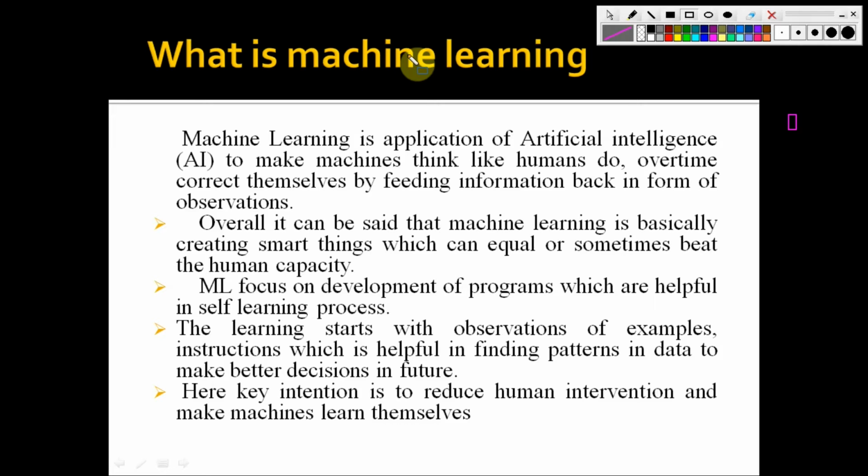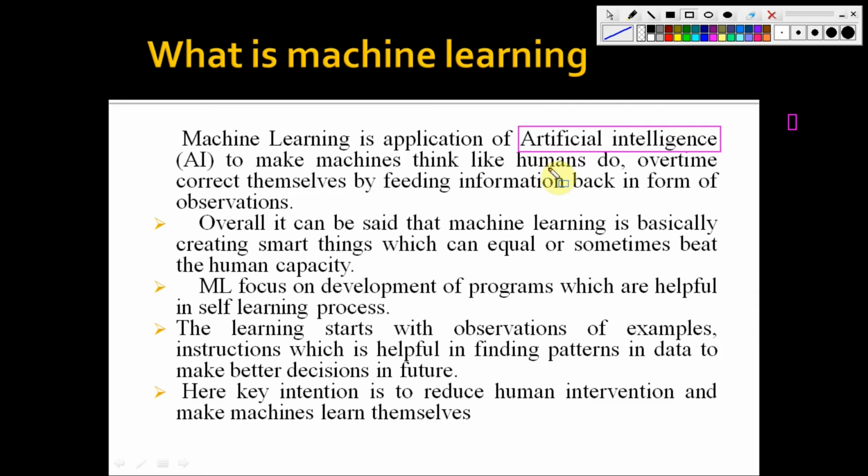So machine learning is the application of artificial intelligence, AI, to make machines think like humans do. So basically machine learning uses artificial intelligence to make machines think like humans. Okay, so that is what machine learning is used for. Over time it corrects itself by feeding information back in the form of observations.